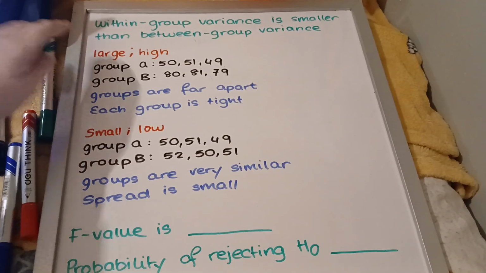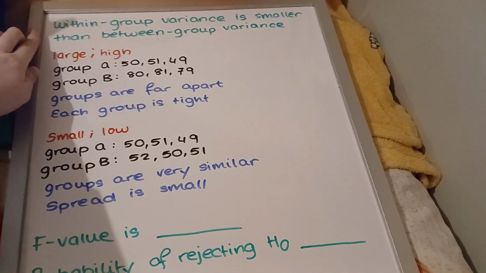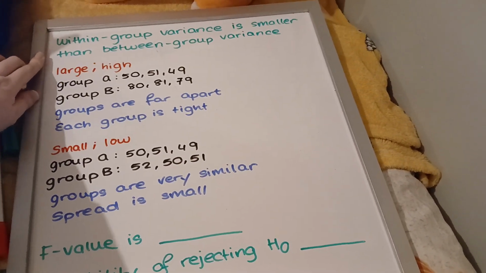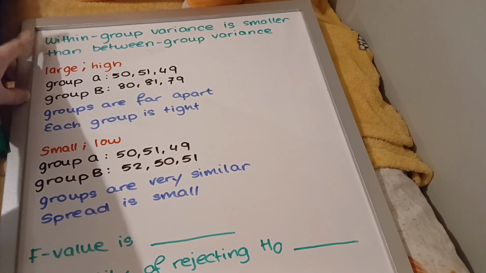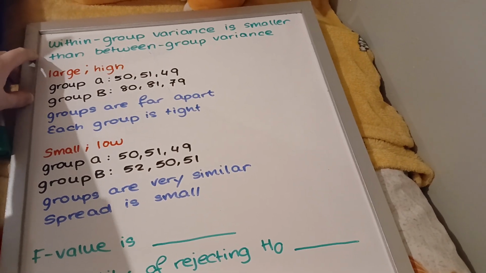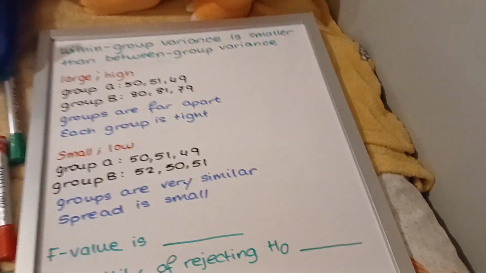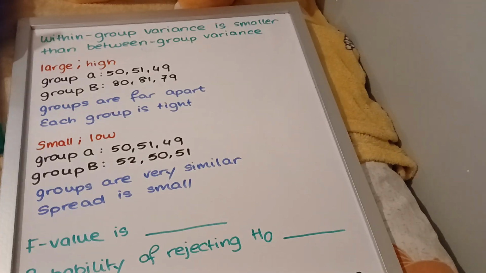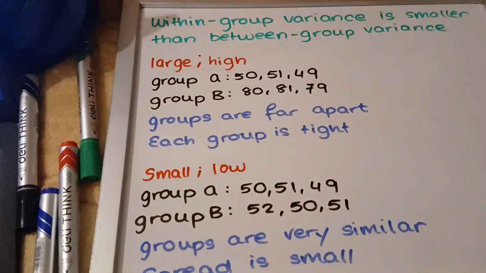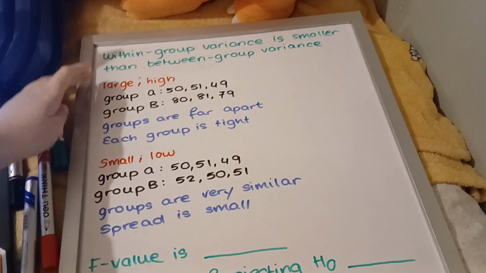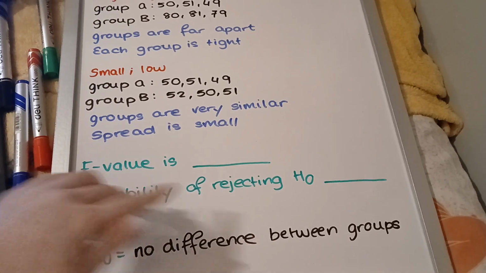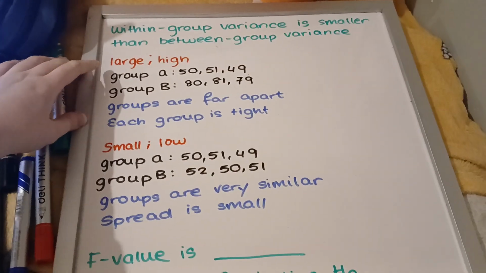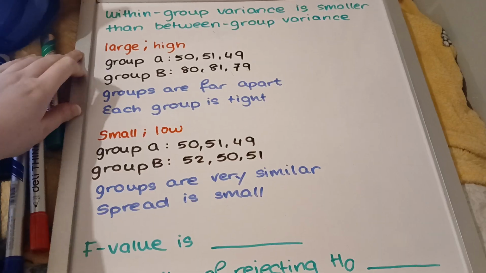In question 26, it states that within group variance is smaller than between group variance, meaning that the differences between individuals is small, there's not a lot of variance, but the between group variance, so the means or the scores between two groups, are different. I have an example here. If we put the words large and high into this section, so F value is large and probability is high, we're saying that group A has these numbers and group B has these numbers.